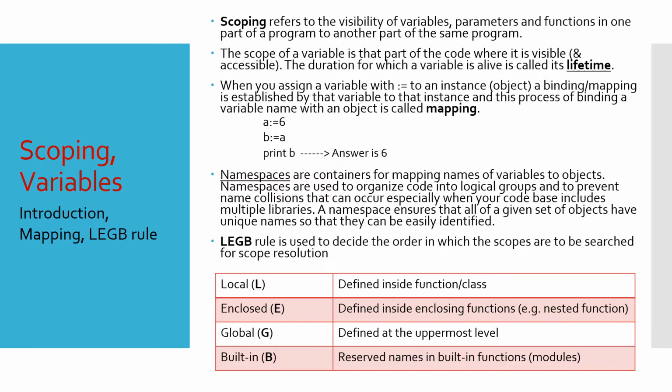So any variable declared in local is normally defined inside the function. What does that mean? Outside that function, that variable has no value, or it's dead outside that particular function or class. Enclosed ones: normally when you want to write nested functions, you have to do looping programming or subroutines.